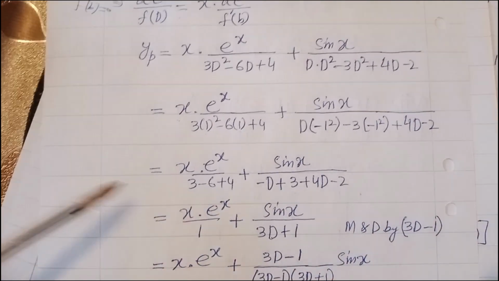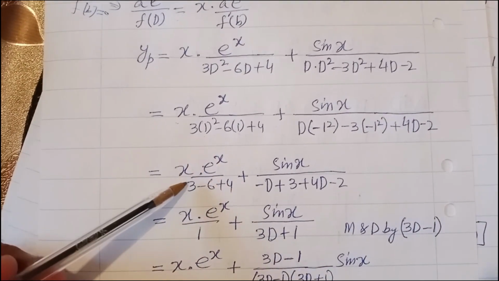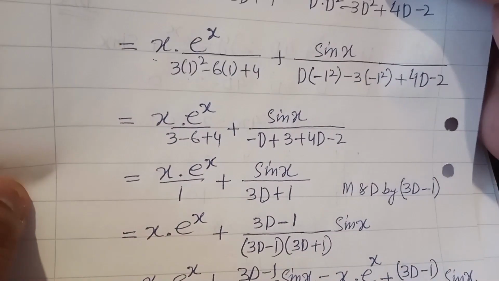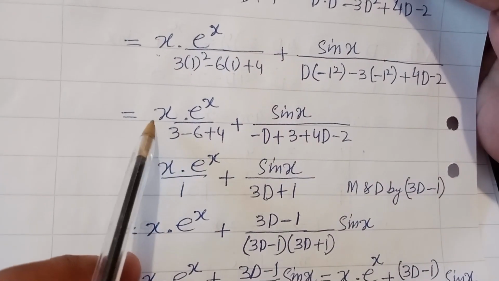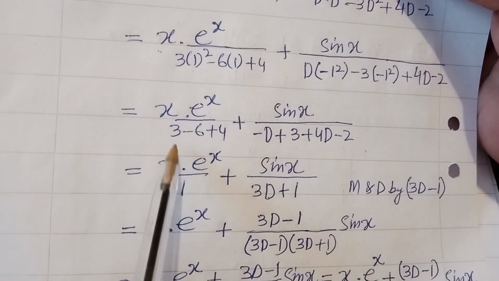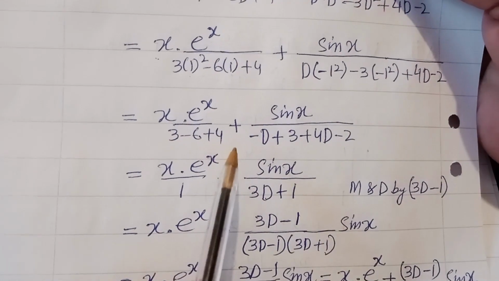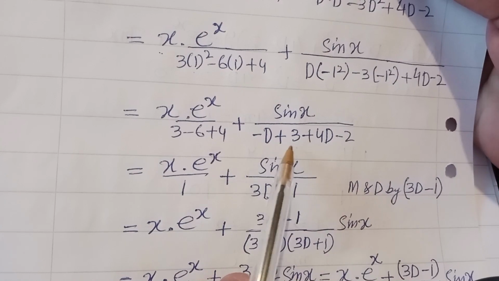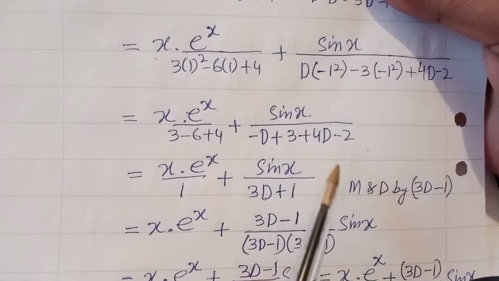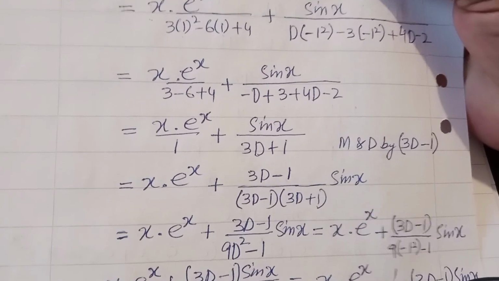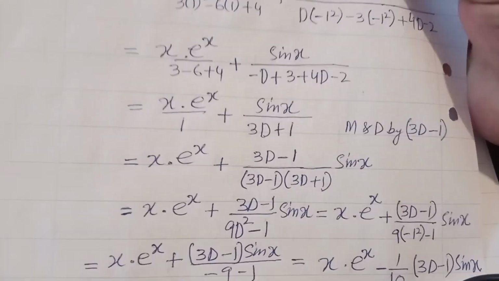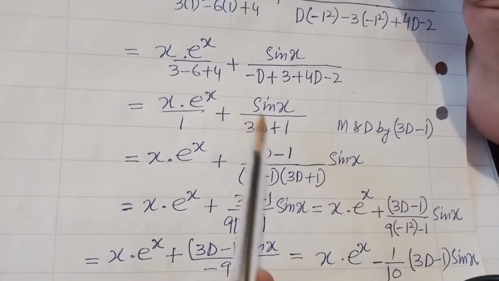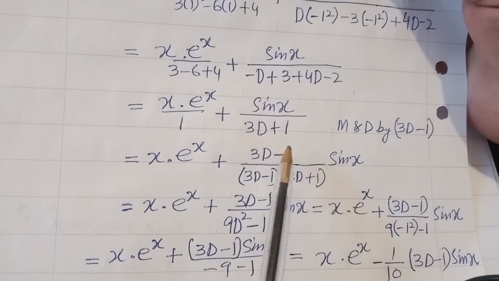Now x e^x over 3 - 6 + 4. So this will be written as x e^x divided by 3 - 6 + 4, plus sin x upon -D + 3 + 4D - 2, which is x e^x / 1 plus sin x divided by 3D + 1.